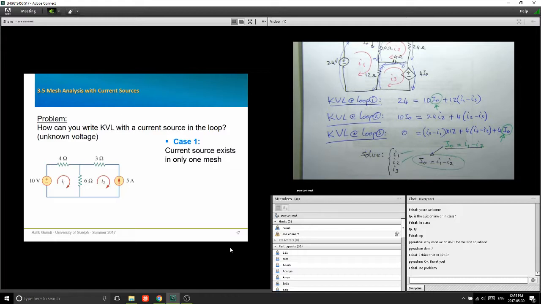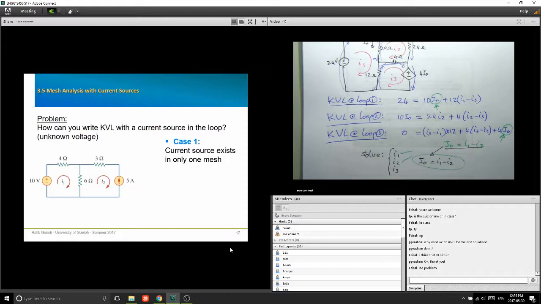So although you have a problem writing KVL, in fact, it's not really a problem, it's a solution, because the current source is already solving that equation for you. So you're going to write KVL for the first mesh in terms of I1 and I2. That's your first equation.